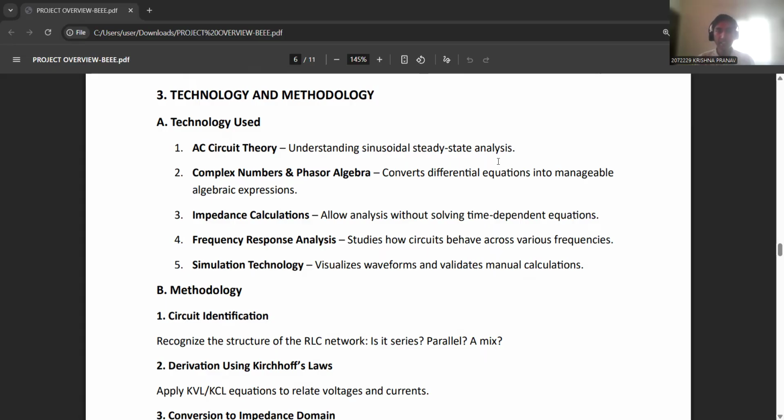Impedance calculations allow analysis without solving time dependent equations. Frequency response analysis studies how circuits behave across various frequencies. Simulation technology visualizes waveforms and validates manual calculations.